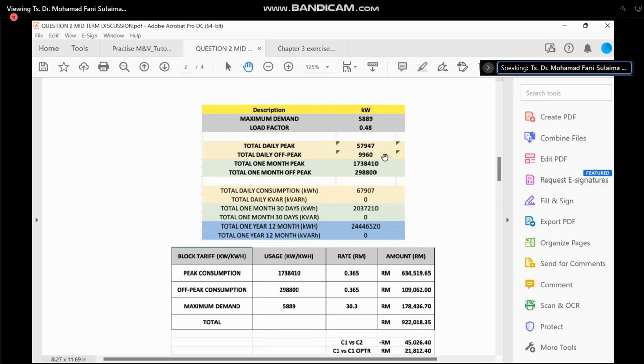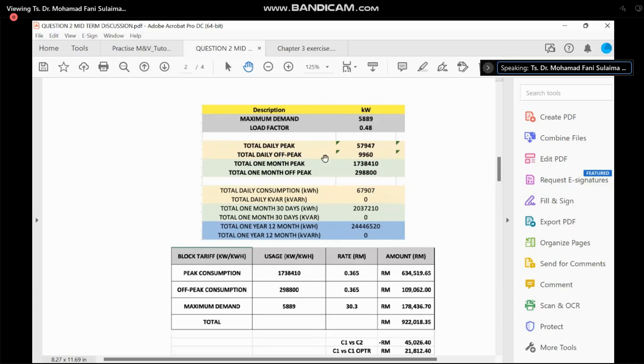Okay, so like this one, the total daily consumption, which is to have total daily peak and daily off peak.